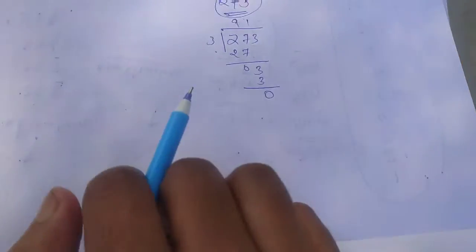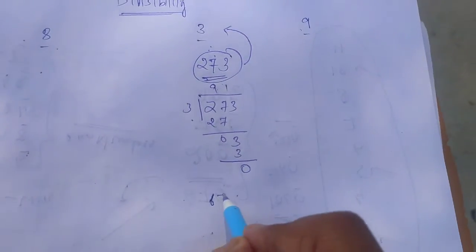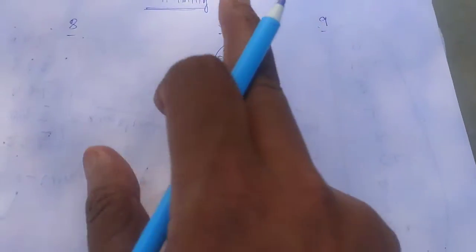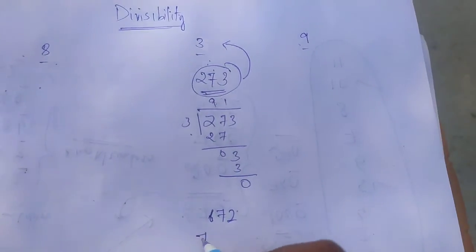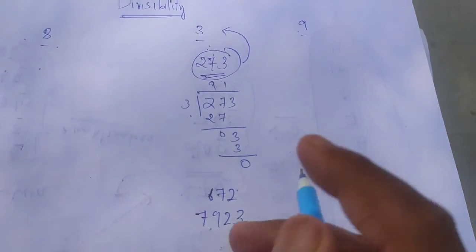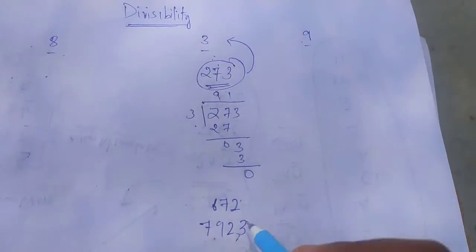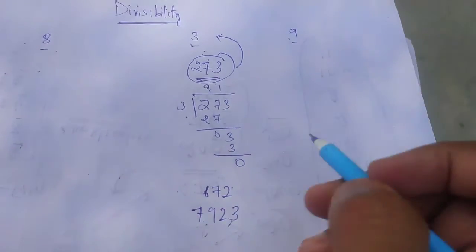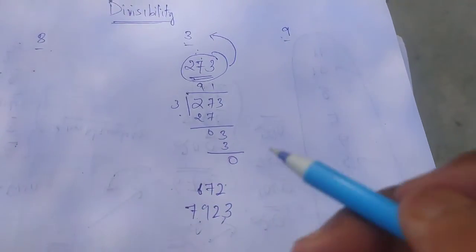What if I take the number 672? Is this number divisible by 3? Or if I take 7923, is this number divisible by 3? So should we do so much division and get it wrong or right? There is an easy method: add the digits.